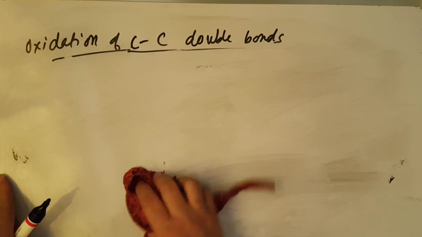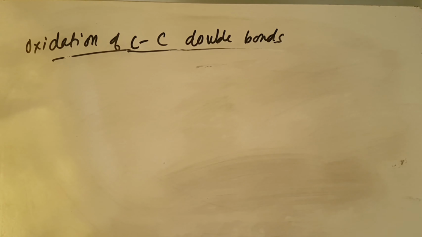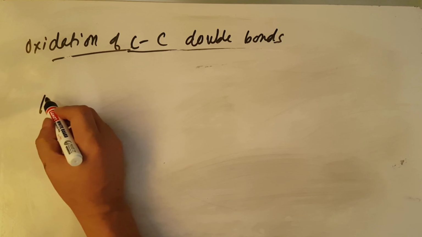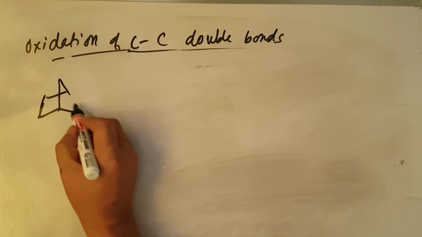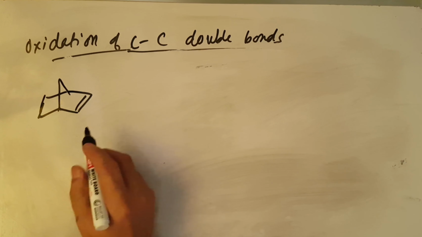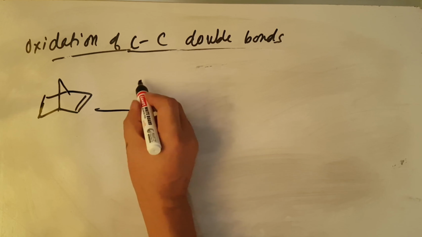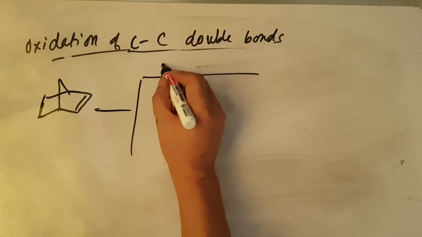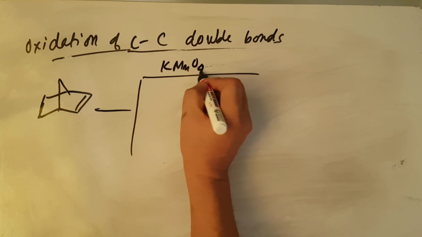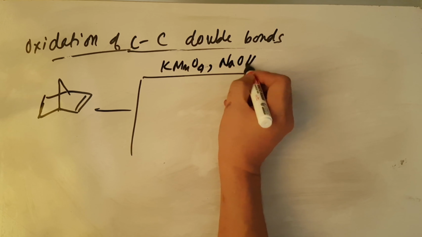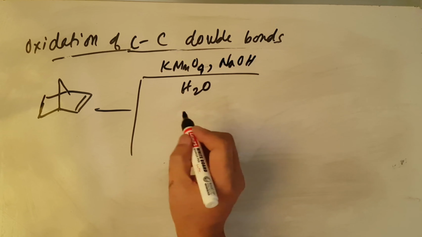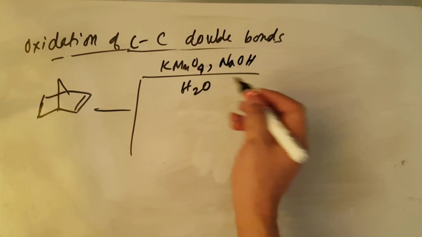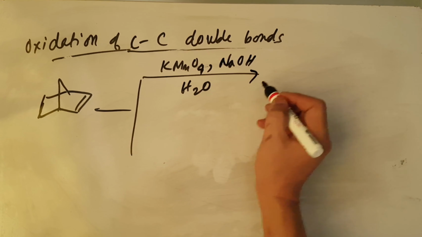To give these two types, let's say this compound. Let's see when you use these two types. First is KMnO4 in alkali medium, hydroxide in aqueous solution. First this will be oxidized to 1,2 diols.